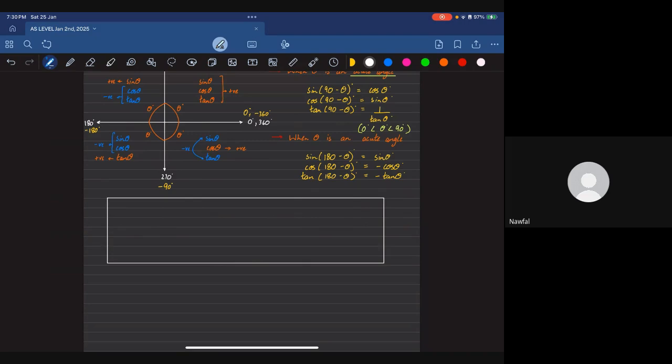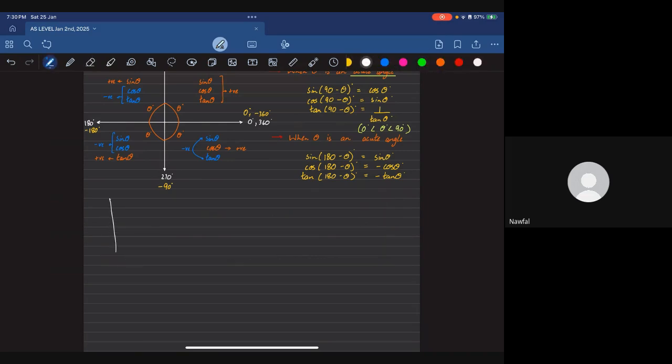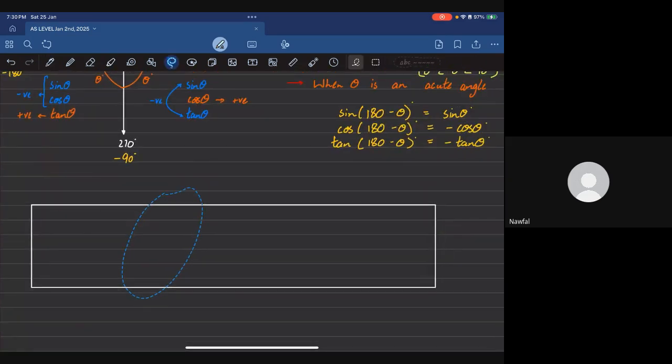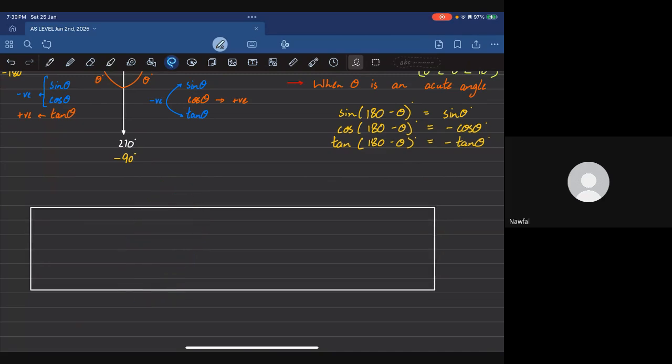Now you need to know a few exact values. I know that these exact values are available on your calculators as well, but your examiner wants you to know them. The table that I'm about to draw is going to be an exact value table.